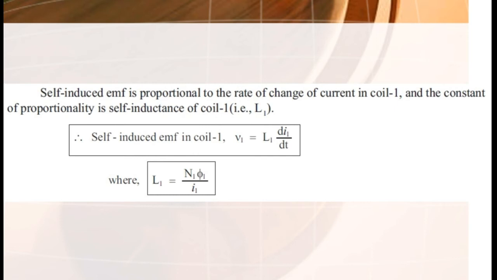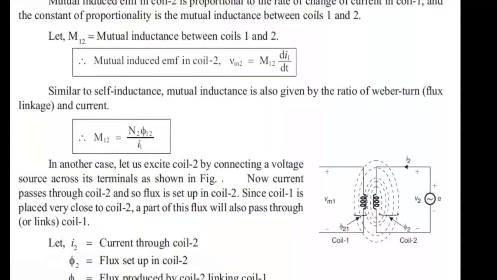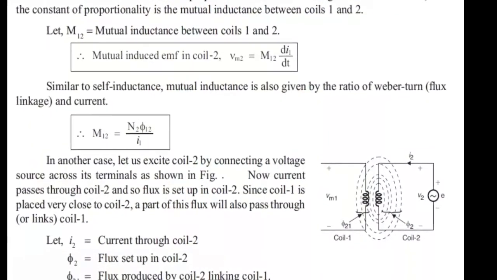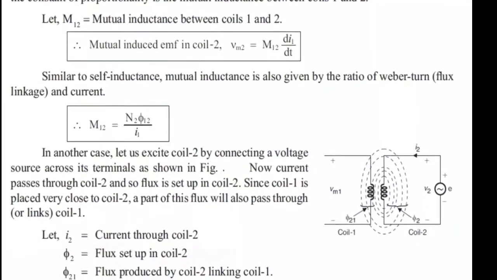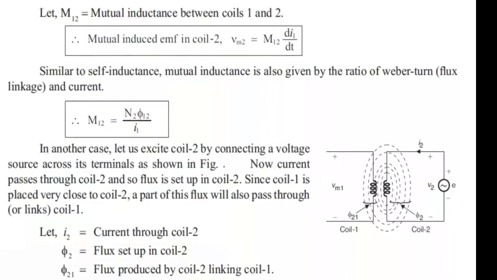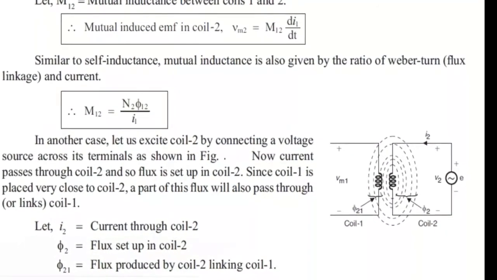Self-induced EMF in coil 1 can be written as V1 is equal to L1 di1 by dt, where L1 is N1 phi1 by I1. The mutually induced EMF in coil 2 can be written as Vm2 is equal to M12 di1 by dt, where M12 is the mutual inductance between coils 1 and 2.